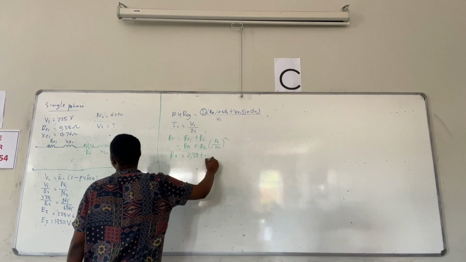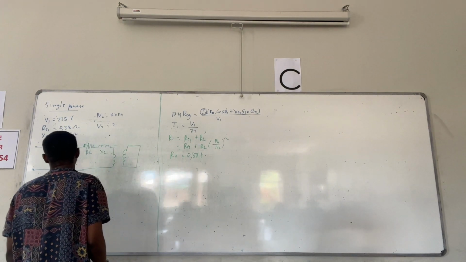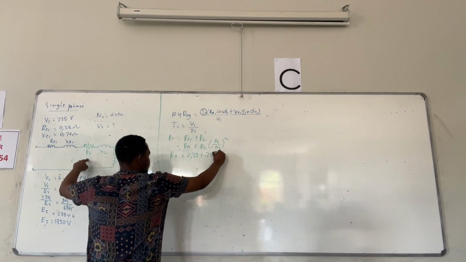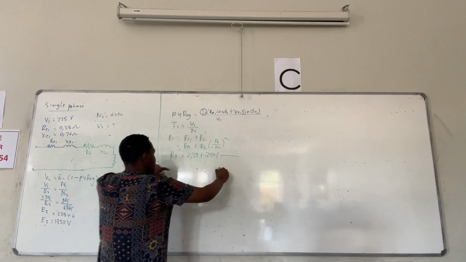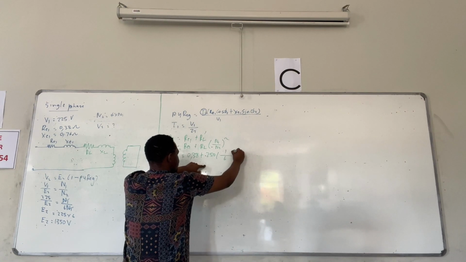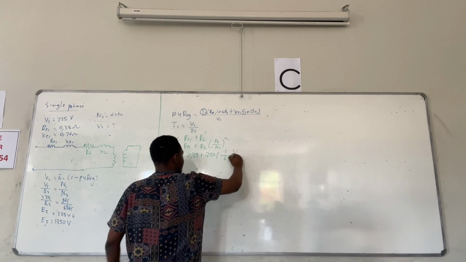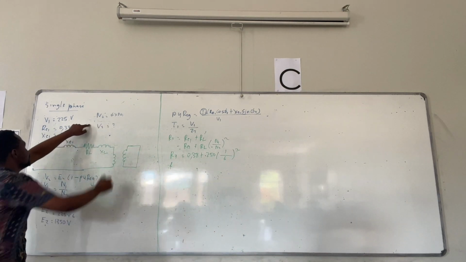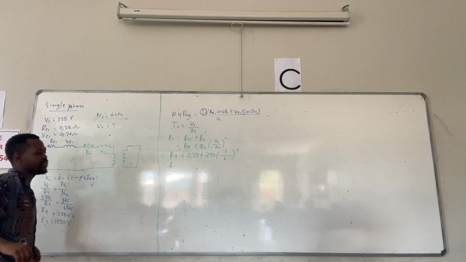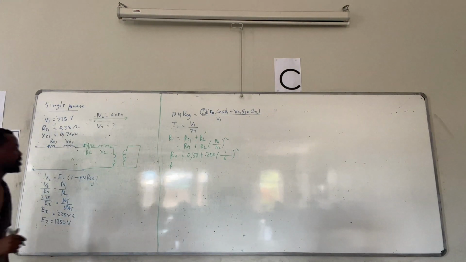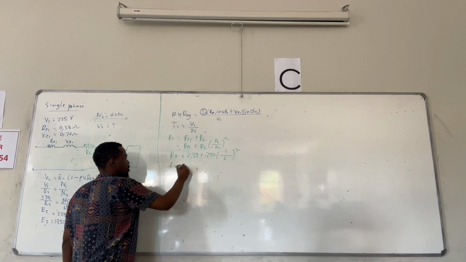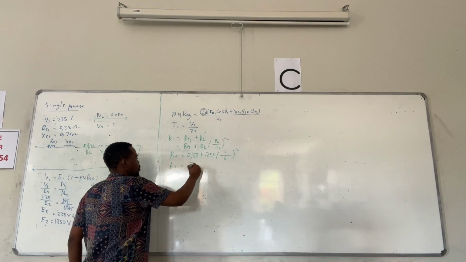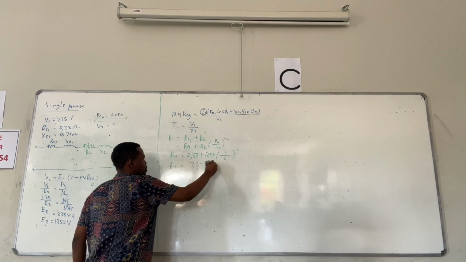0.38 plus R_L, which is 250, then N1 over N2, which is 6. Remember N1 and N2 cancel, because we expressed N2 in terms of N1. So it will be 7.324 ohms.